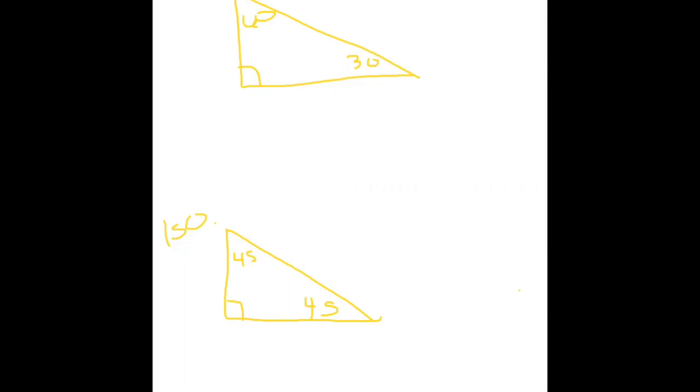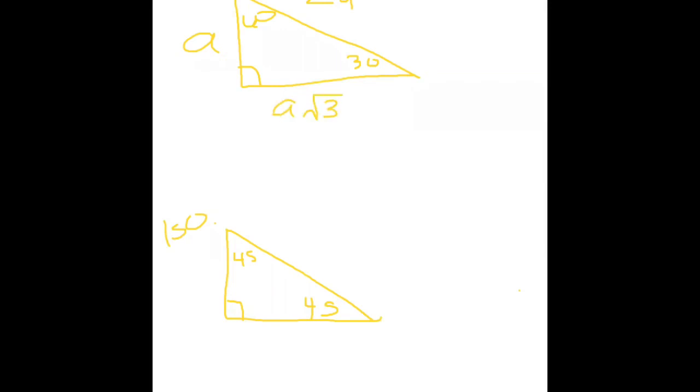And so what's the specialty of the 30, 60, 90 triangle? For a 30, 60, 90 triangle, that hypotenuse will be 2a. The height will be a. And the base will always be a root 3.